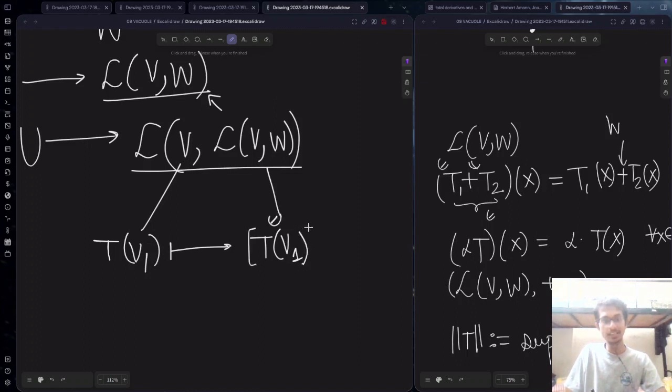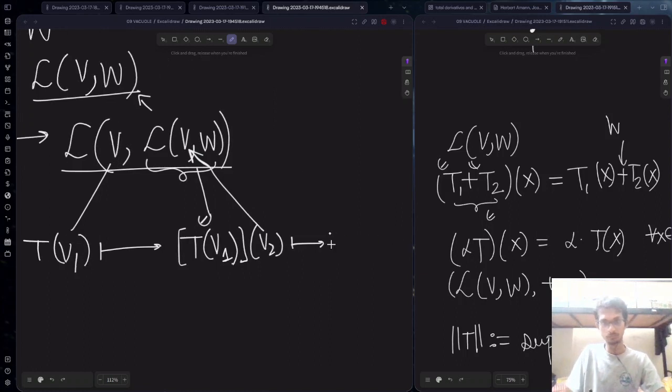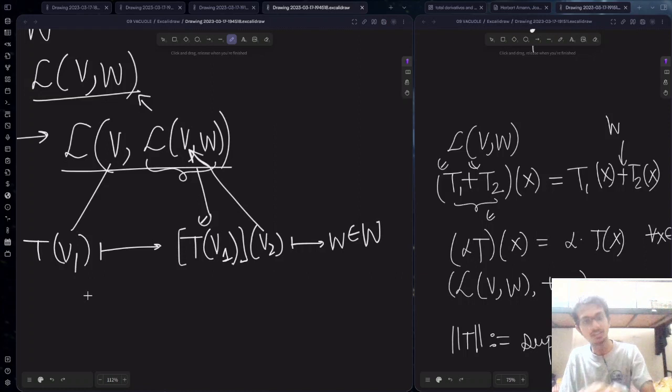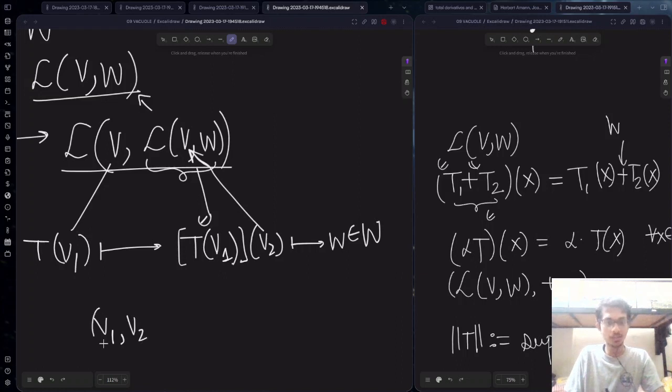Then it would take another v2 element over here and map it to some element of W. So what T is doing is taking two elements of this form and mapping it to something in W.